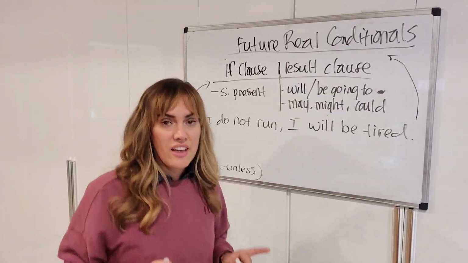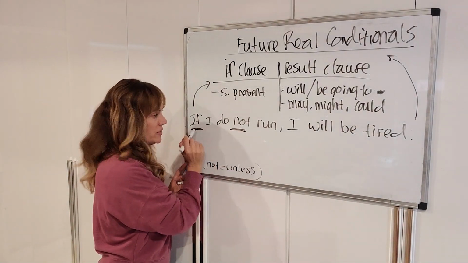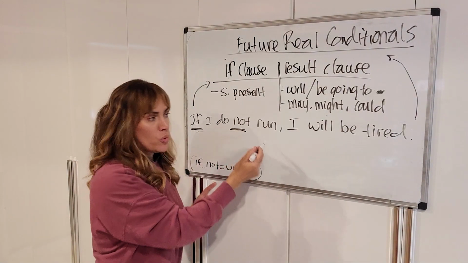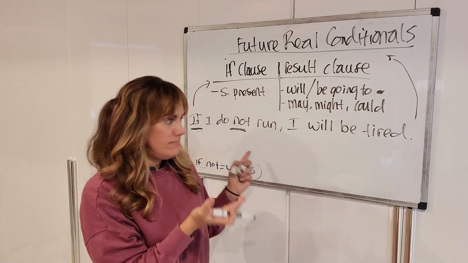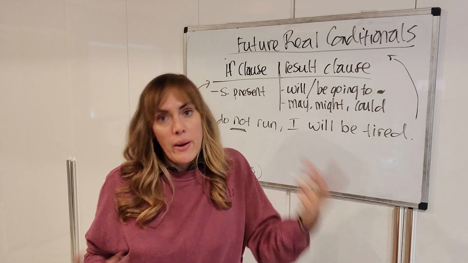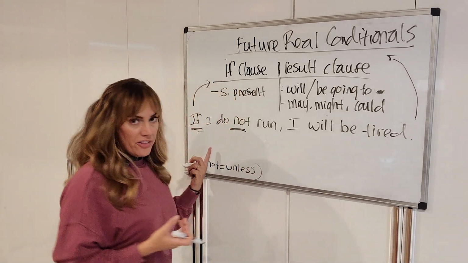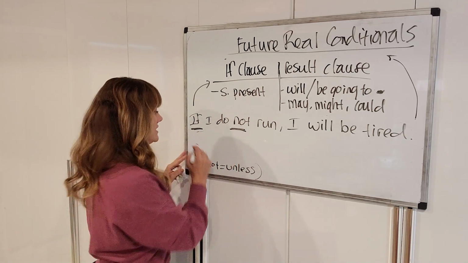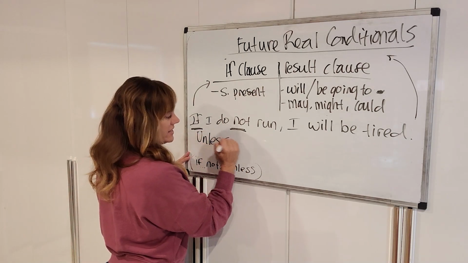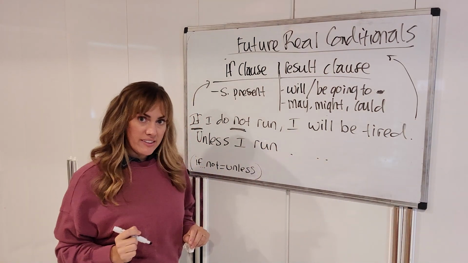Okay, so here's another example. If I do not, so if not, if I do not run, simple present, I will be tired tomorrow. If I don't run tomorrow, I will be tired because when I run, I get energy. Another way to say if not is to say unless. Unless I run, I will be tired.